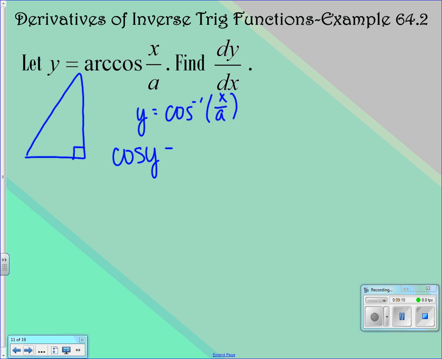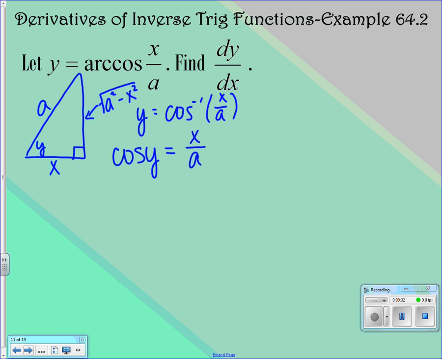And our angle is going to be y, and the cosine of angle y is going to equal x over a. So again, I'm going to put my angle here, but this time the x is my adjacent and the a is the hypotenuse because we're dealing with cosine. This side right here is going to be the square root of a squared minus x squared from Pythagorean theorem.